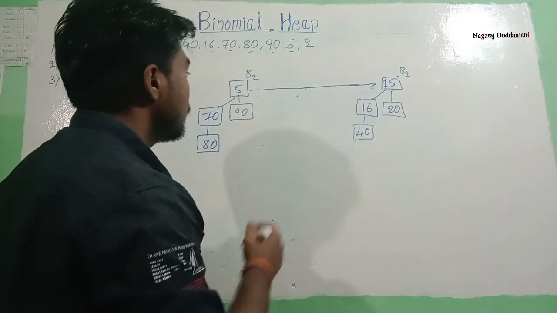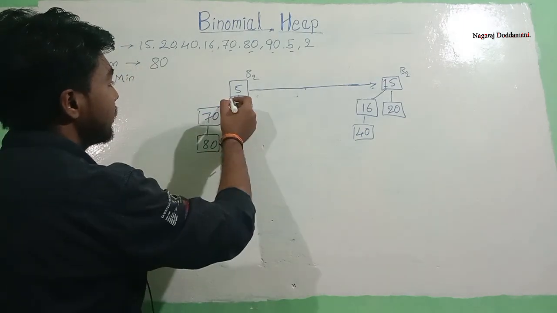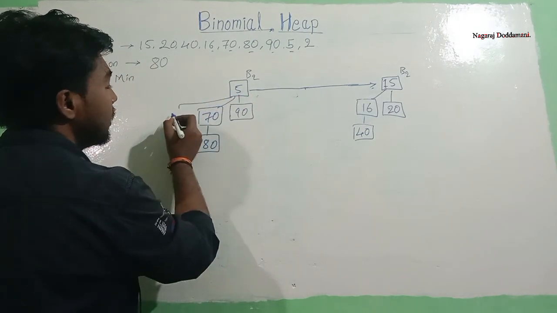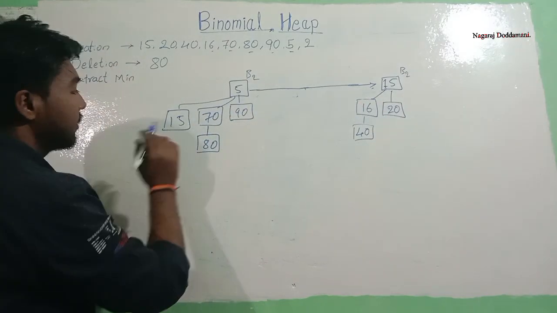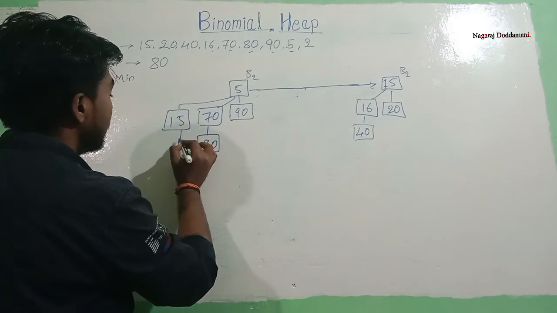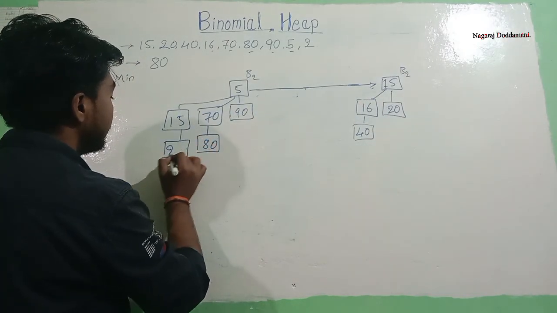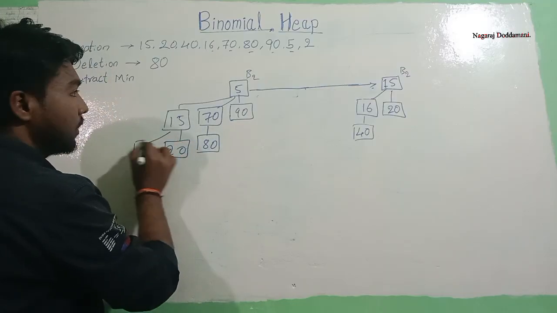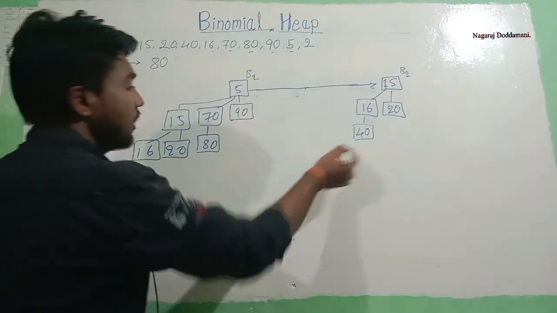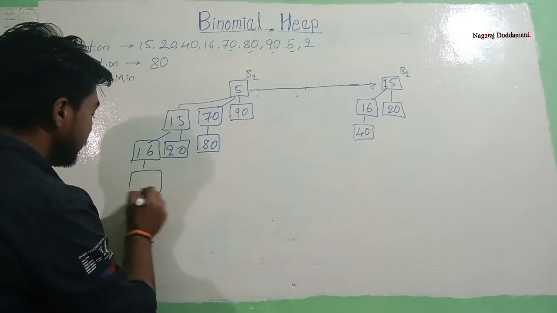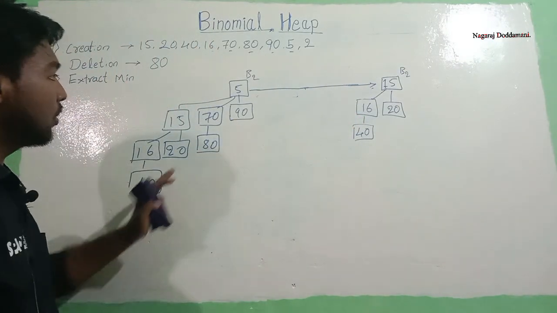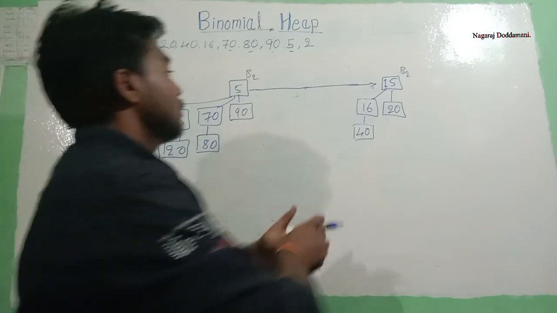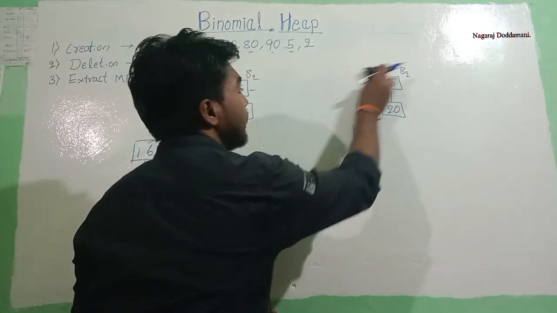Okay, so we create a node and insert the entire tree into it. The 15 and 20, and this one is 16, and the last one is 40. So this became a child of this tree. So after that we need to erase this one.